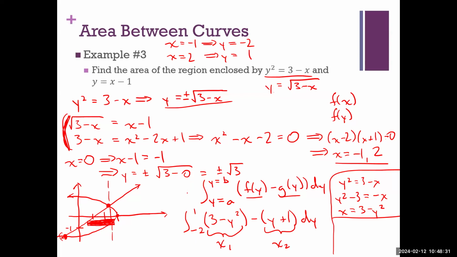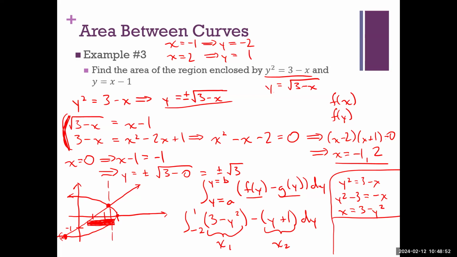I don't think y equals 3 is one that I would go with. 0 is a good one. Why? Pretty easy to plug in for y. But more importantly, 0 is between -2 and 1. Now I know that at the bounds, those curves are going to be equal. That's how I found those points.